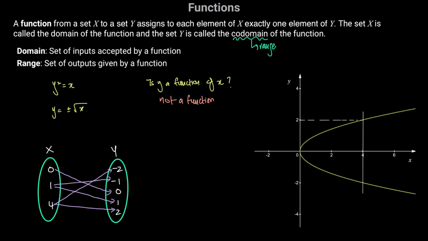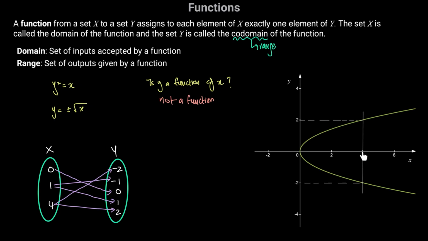The output is 2, and we can see that this vertical line also intersects this curve at y is equal to negative 2. So again, this vertical line represents the input, x is equal to 4, and it's intersecting the graph at two different points. That means that for this given input, we're getting more than one output.